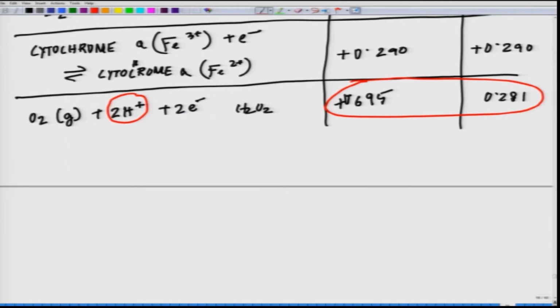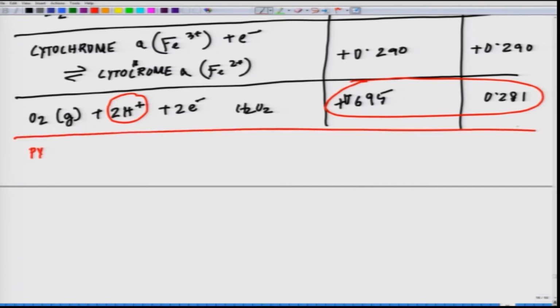Okay. Similarly, let us take another example where say pyruvate to lactate. Okay. Once again, pyruvate plus 2H plus 2 electrons, this is making it a lactate. Okay.